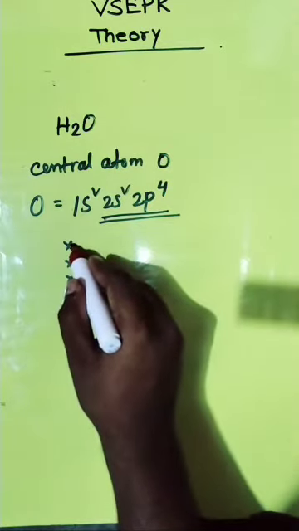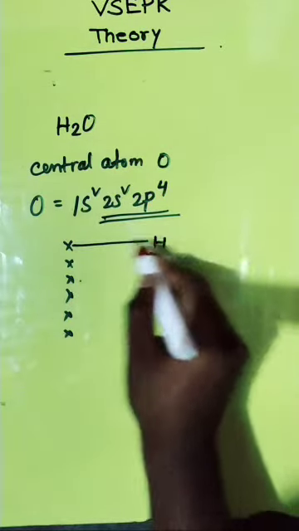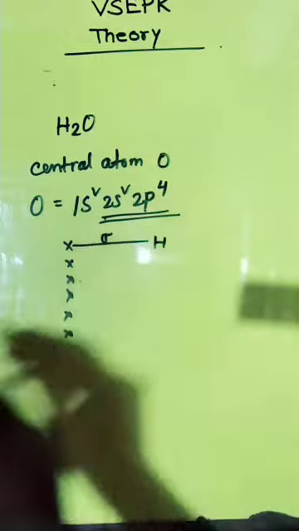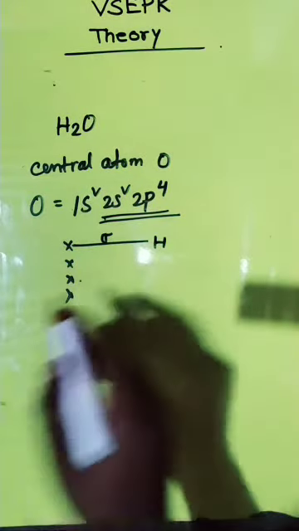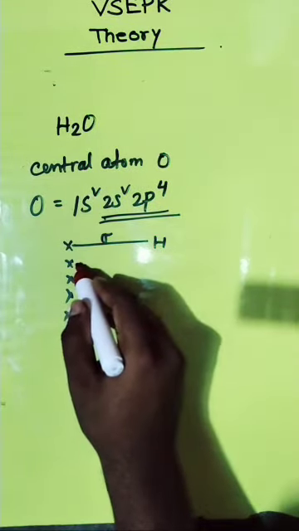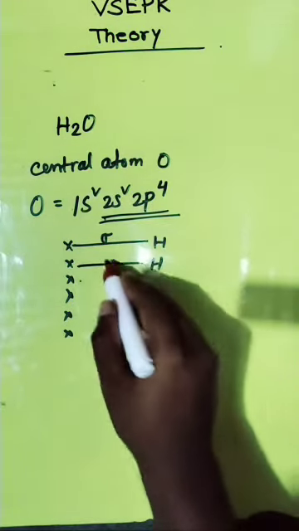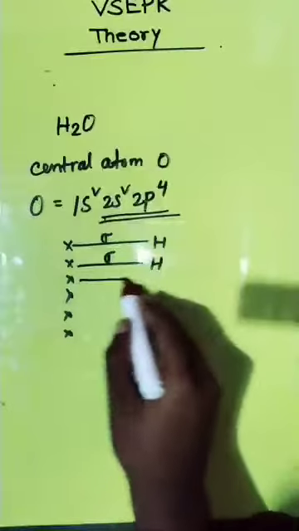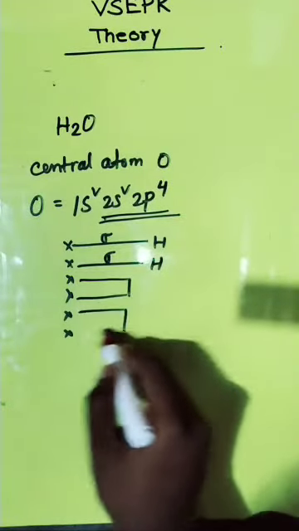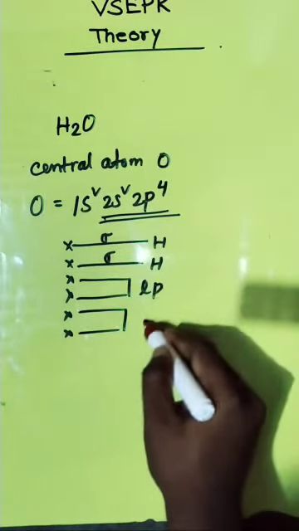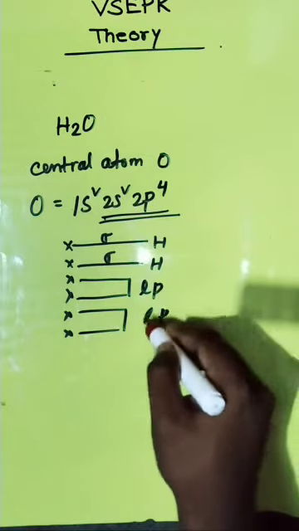One electron of the oxygen atom produces a sigma bond with one hydrogen atom, and another valence electron of oxygen also participates in a sigma bond with another hydrogen atom. And the remaining 4 electrons are known as lone pairs of electrons, so there are 2 lone pairs.